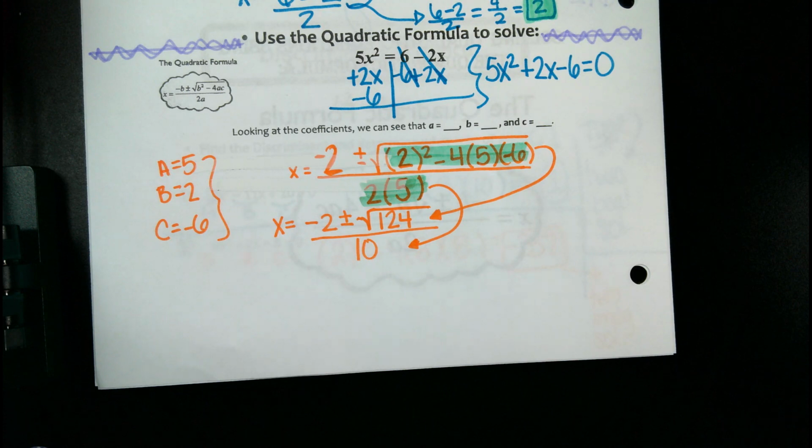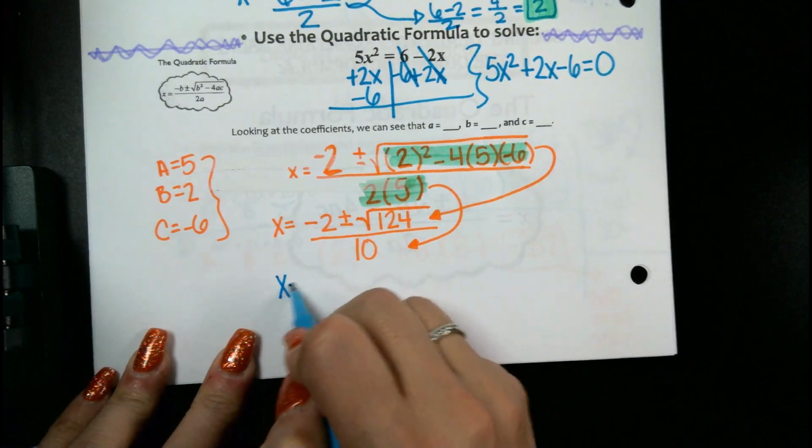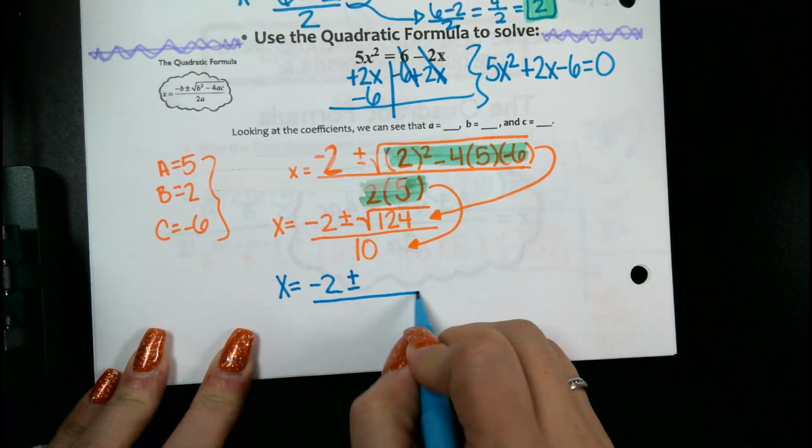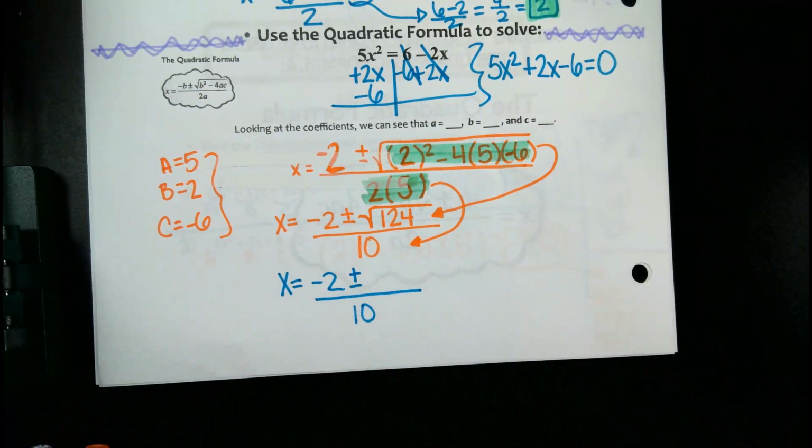All right, so now here comes the extra fun stuff. Your factor sheet only goes up to 100. So what should you do at this very moment? What should you be typing into the calculator?